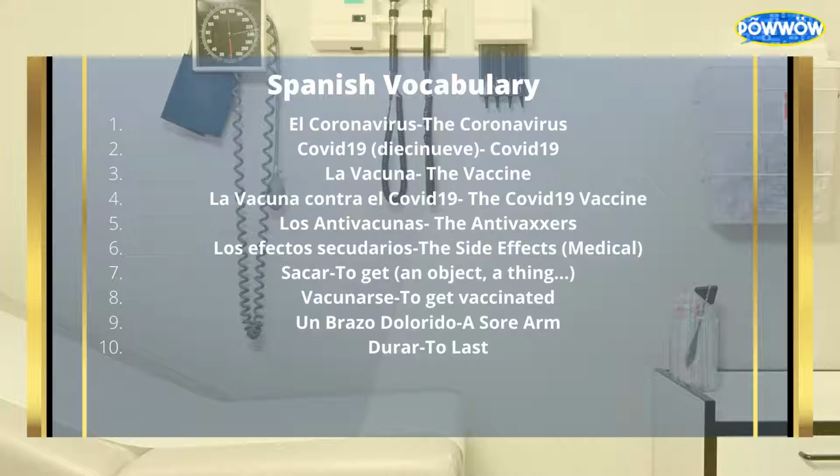Number four, la vacuna contra el COVID-19. Number five, los antivacunas. Number six, los efectos secundarios. Los efectos secundarios. Number seven, sacar.